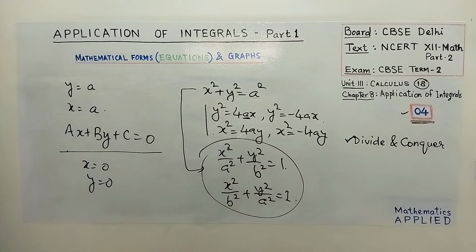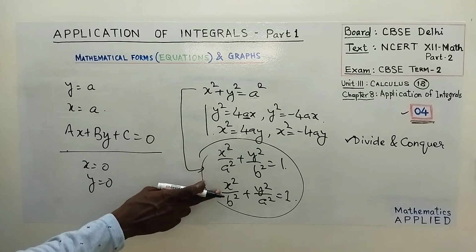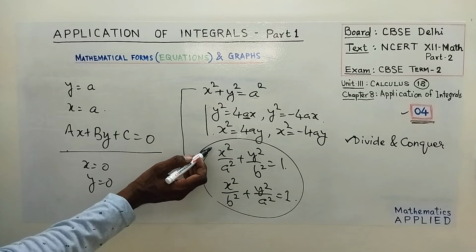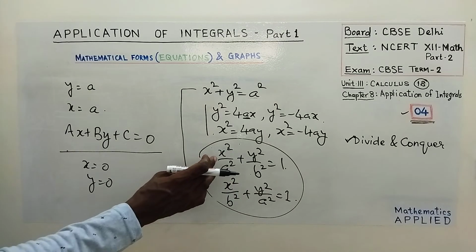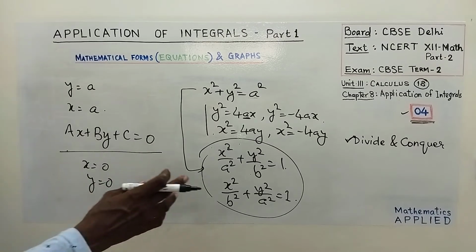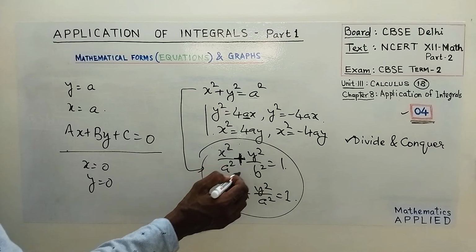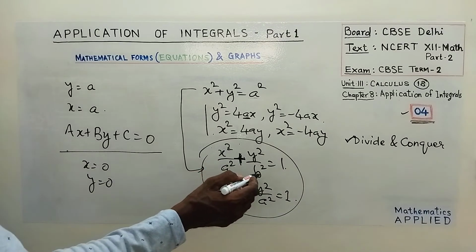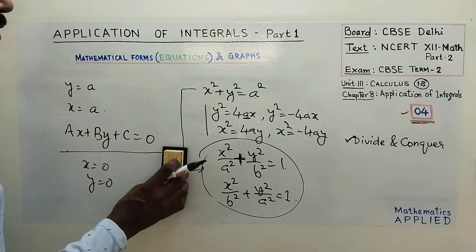If it is given in this form, x square's coefficient is 1 by a square, y square's coefficient is 1 by b square. So they are different. You can understand that it is not a circle. Obviously it is going to be an ellipse, and this has to be plus. For an ellipse it has to be plus, and a will always be greater than b. Wherever a is, that is going to be the major axis.